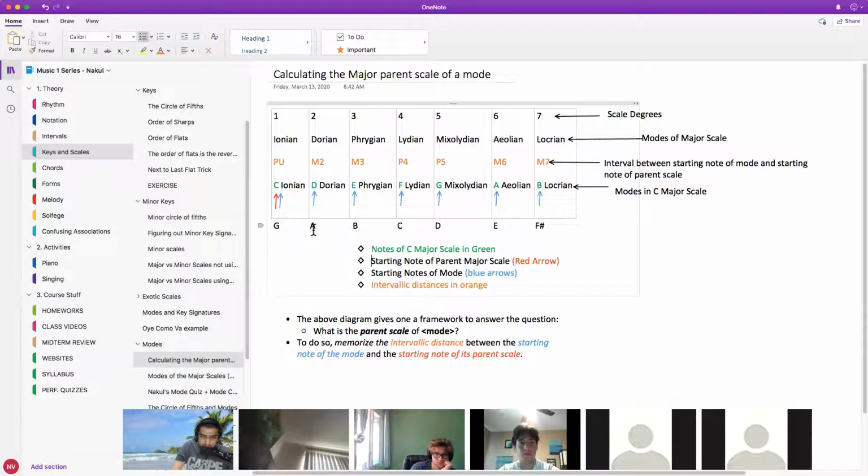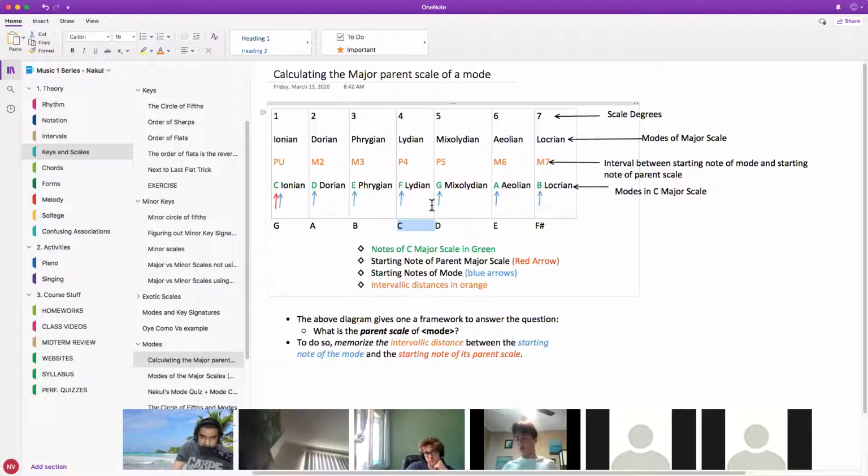The second mode of the G major scale is A Dorian. The third mode of the G major scale is B Phrygian. The fourth mode is C Lydian.